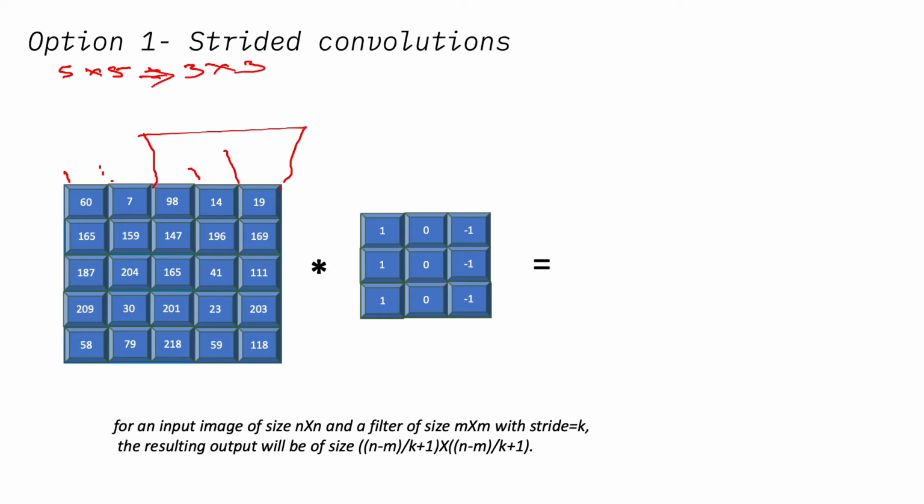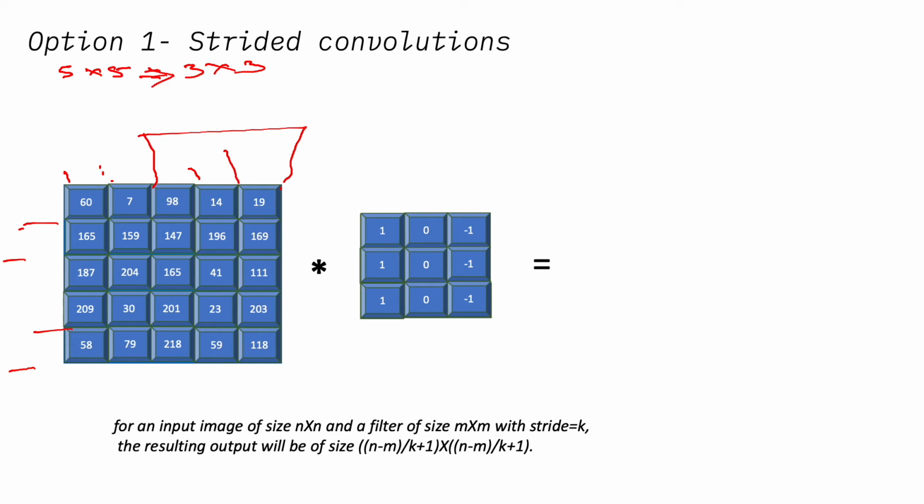And then we moved down by a row, and then further down by a row. So we kept sliding, or striding, these filters over the input image, one column at a time until the end, and then one row down, and repeating the process. In this case, the stride was 1.